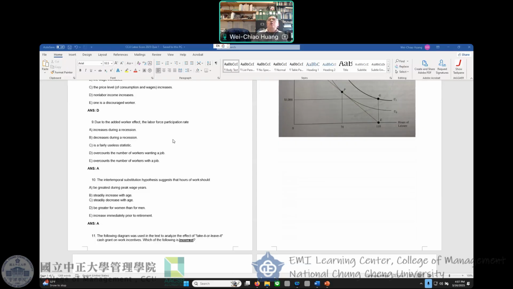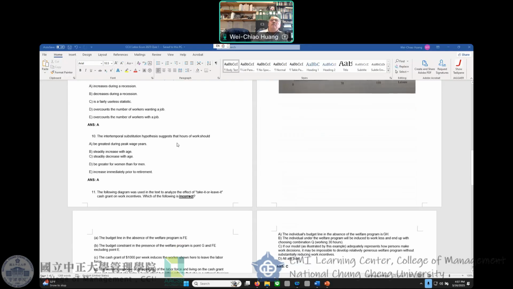And in this particular question, the answer is A. The added worker effect is going to cause the labor force participation rate to increase during the recession, because during the recession, the primary breadwinner in the family loses the job or receives a wage cut. And that's going to make the secondary workers go into the labor market to try to make up for the differences. Okay? And so that's added worker effect, increase during a recession.